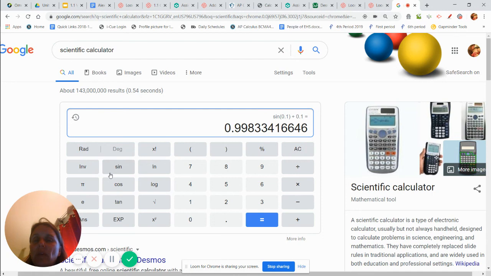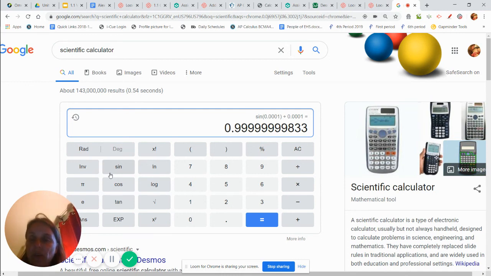I get 0.998. Oh, that's pretty close to 1. So if I get even closer to 0, like 0.0001, then I'm very close to 1, right?